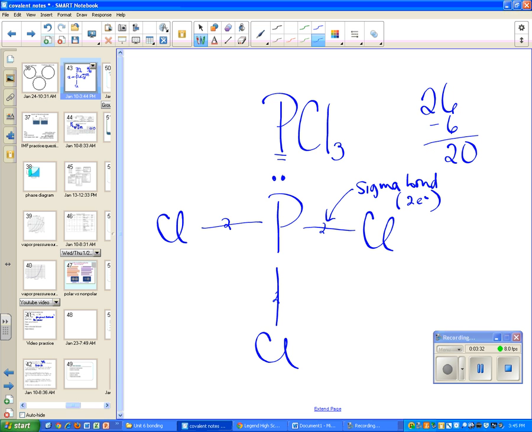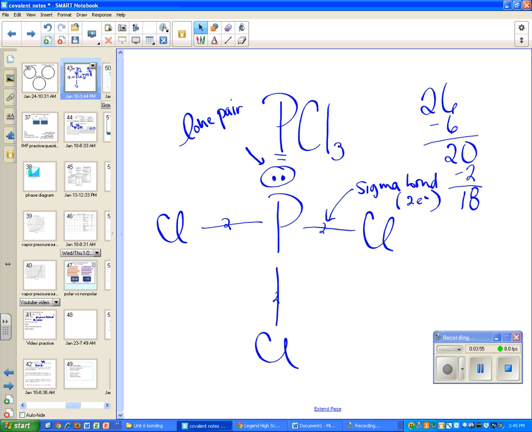But I just spent 2, so I subtract 2 and have 18 remaining. This extra pair of electrons I just drew is called a lone pair. Those lone pair electrons are actually going to affect the structure of this molecule, and we'll see that in just a minute.